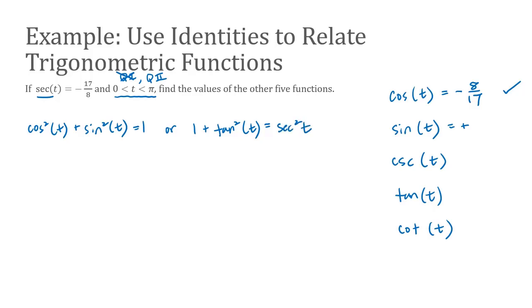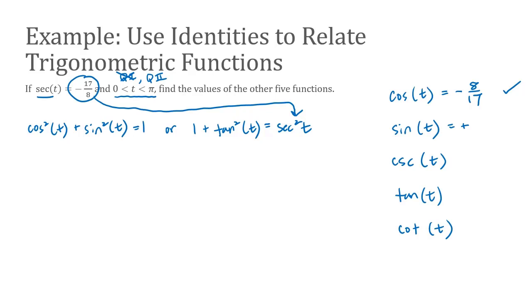Now, the reason I put that on there is because we were given the secant of t, so we could simply substitute in this -17/8 and solve for the tangent. And once we know the tangent, we know the secant, everything else will sort of unfold.